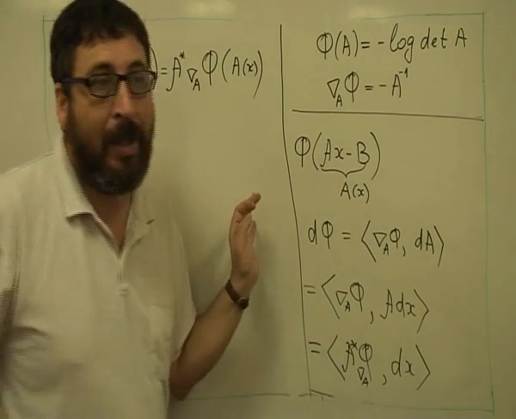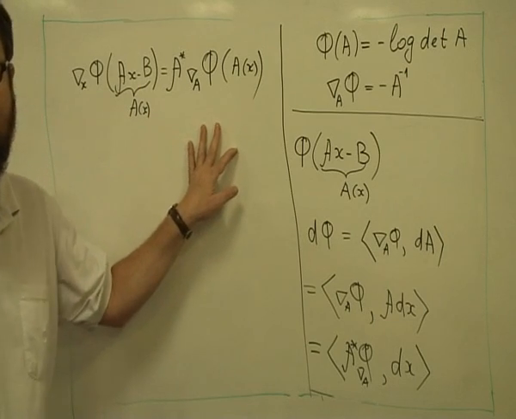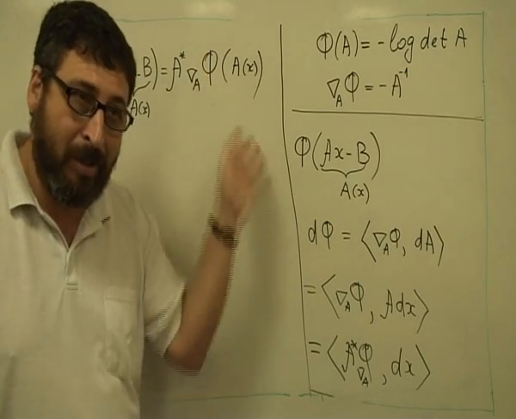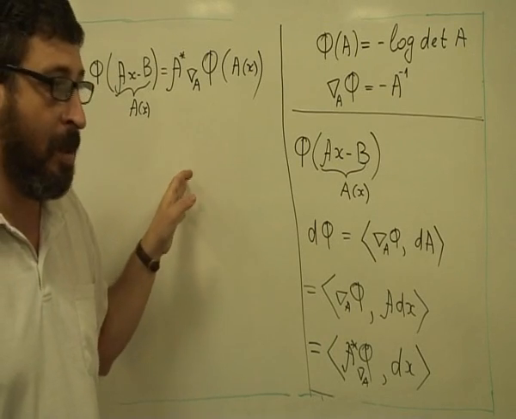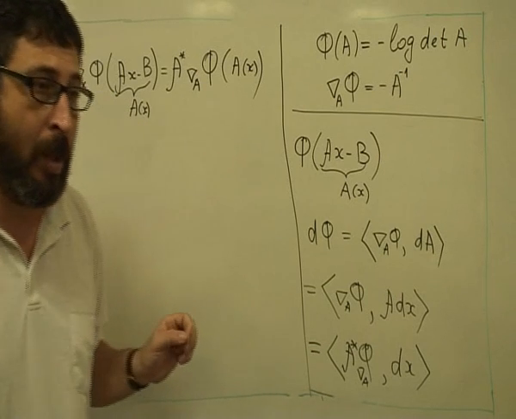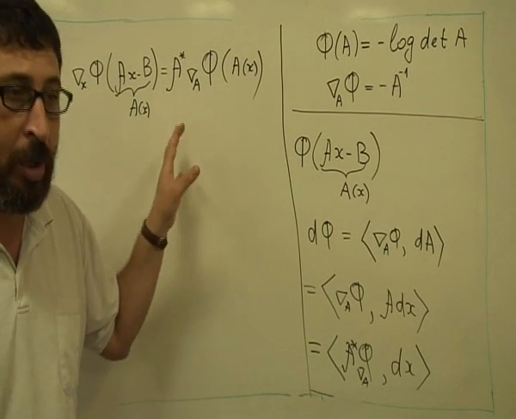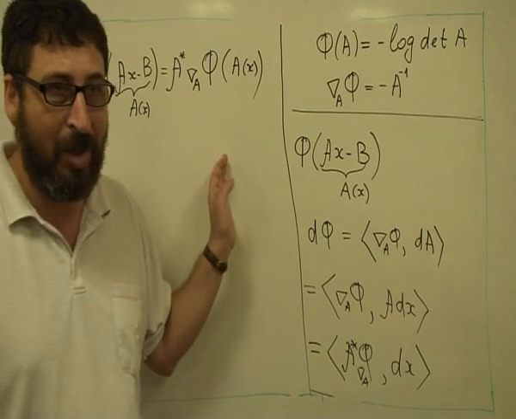So we know how to compute the gradient of the barrier, and we can apply any gradient-based optimization method to minimize it and get a solution of the semi-definite programming problem. Of course, usually one applies Newton's method, and for this you need to compute the Hessian.